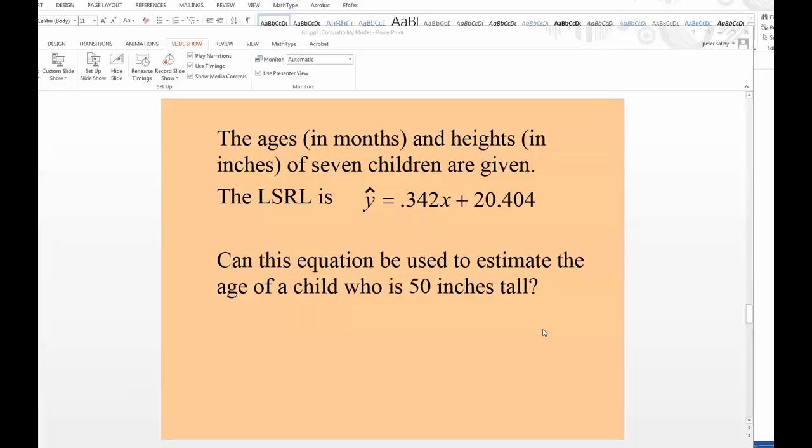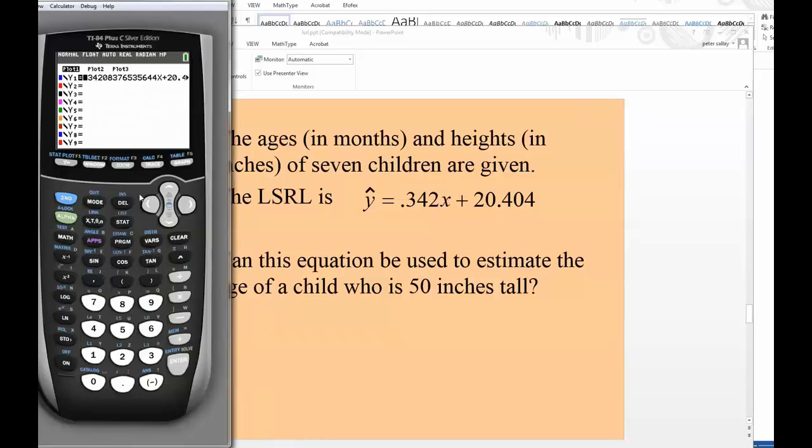We talked earlier about how the correlation coefficient doesn't matter, but the equation will. And so we're going to go back to our calculator, and we're going to make a new LSRL. So we're just going to go to Stat, Calc, go to the linear regression one, and this time I'm going to switch the order.